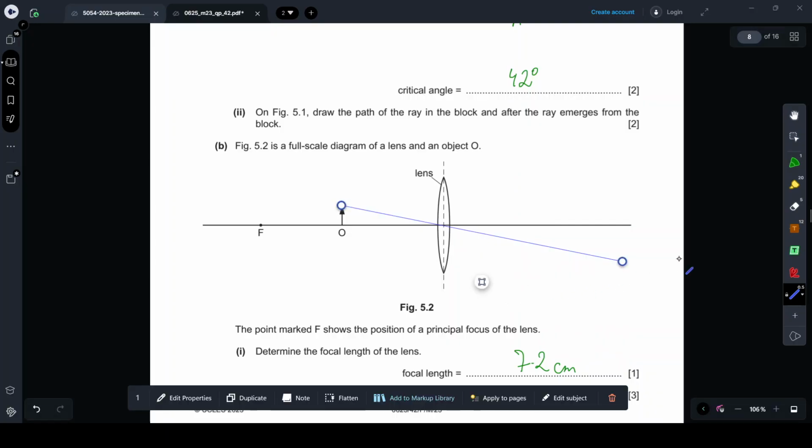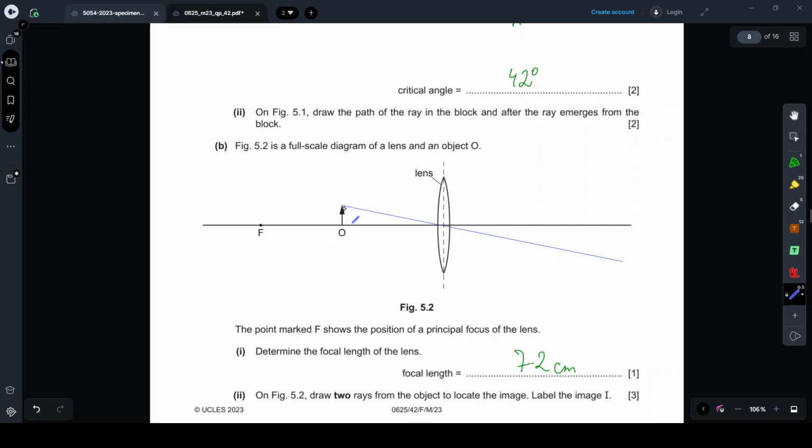Right, now what you need to do, obviously, if that's the principal focus, the second ray is supposed to go from the top of the object horizontally to the lens. And then you need to make it go through the principal focus, so you need to mark the principal focus 7.2 centimeters on this side as well.